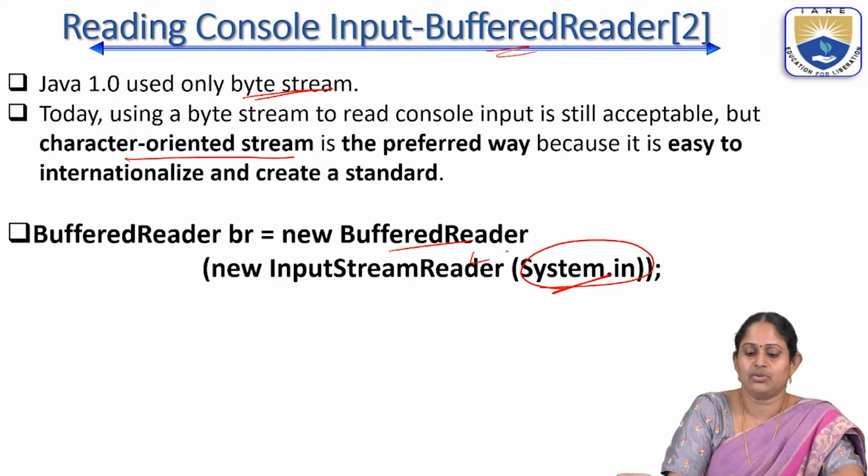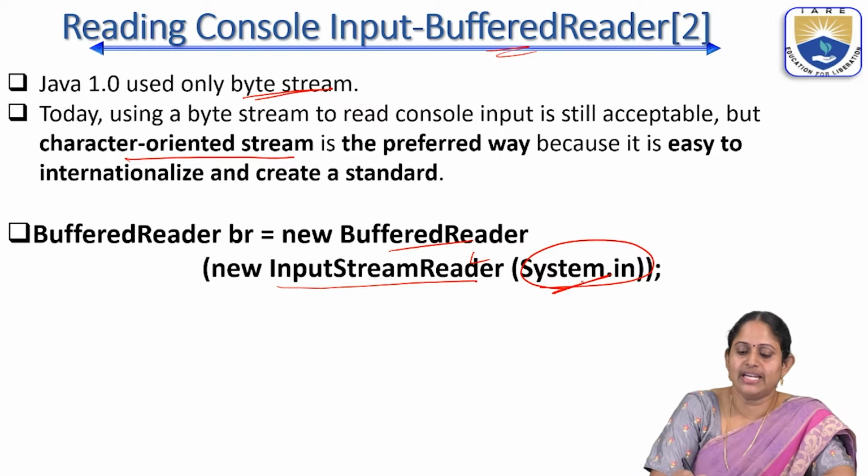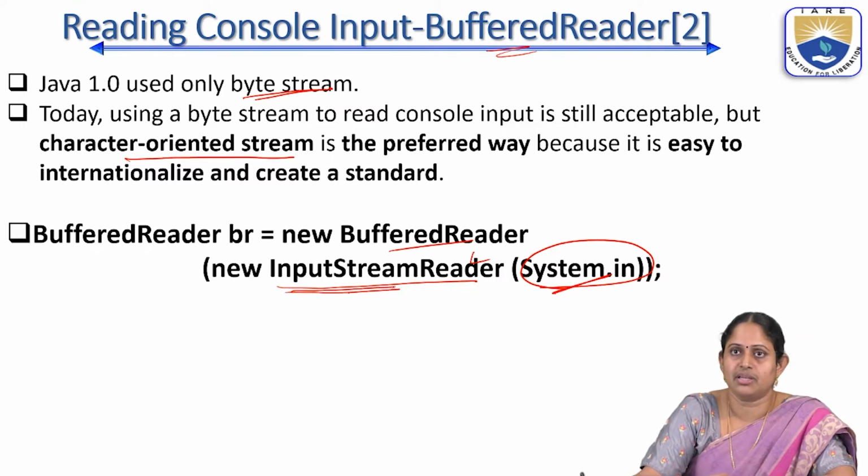To convert them into characters, we use the InputStreamReader. Whatever data is being read from the input stream through System.in, all those bytes have to be converted into characters. For converting that, we use the InputStreamReader.